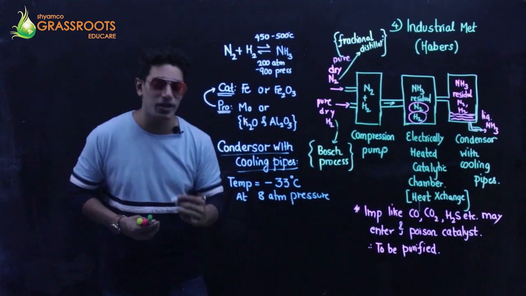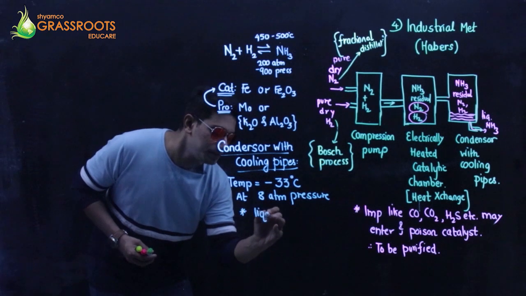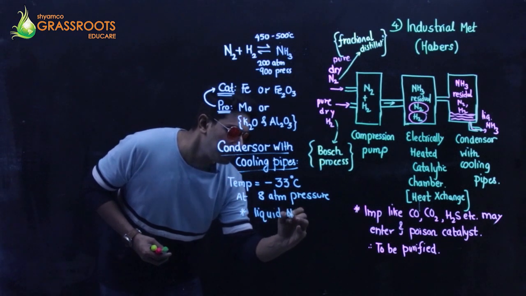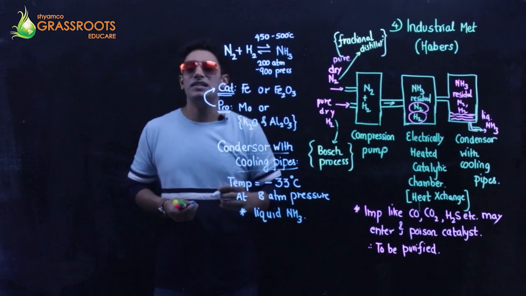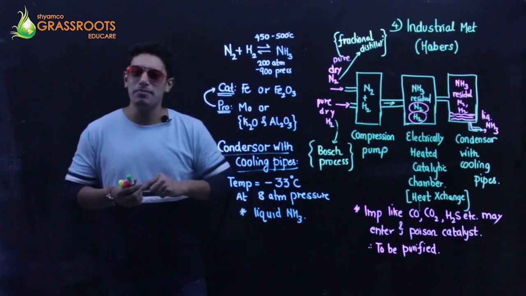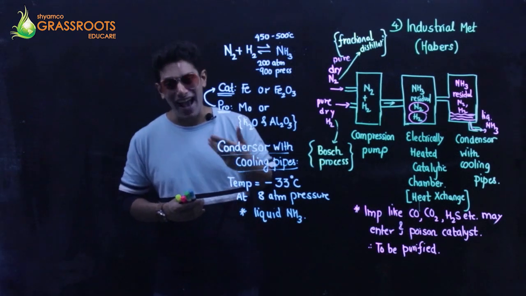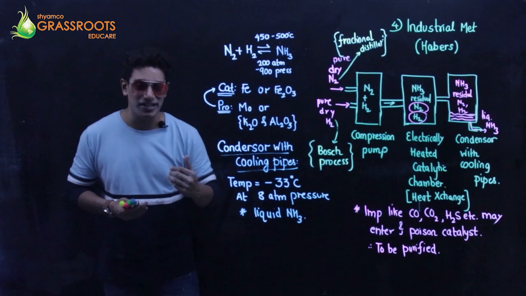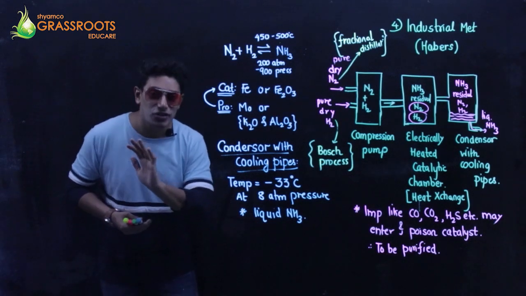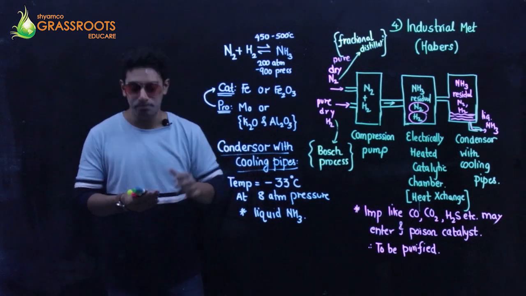It becomes liquid ammonia. We obtain liquid ammonia. Remember, liquid ammonia does not have any water content. The name is given because the state has changed from ammonia gas to ammonia liquid in nature. However, there is no presence of water in liquid ammonia at all.